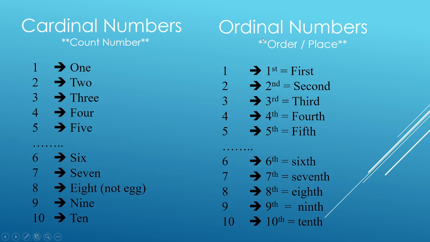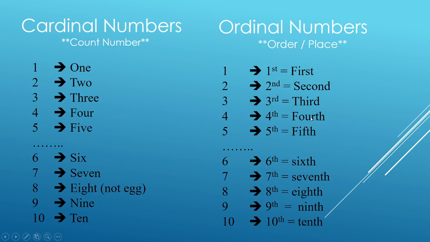If we look at our ordinal numbers, or numbers with places, we say first, second, third, fourth, fifth, sixth, seventh, eighth, ninth, and 10th. If you notice the difference between these two, we have a TH at the end. The first three numbers, first, second, and third, are important, so we have a different pronunciation for them.